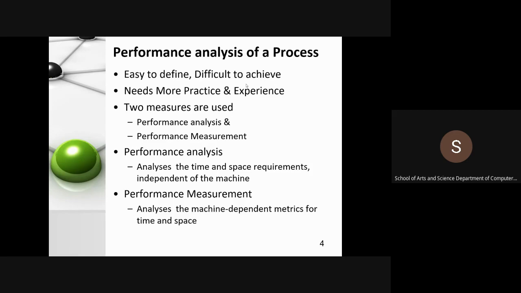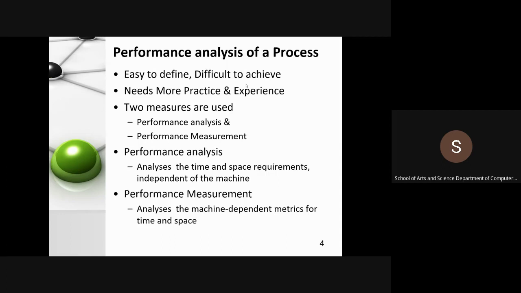So there is a framework. In order to do performance analysis over a process with practical difficulties, there are measures that are used. Mostly within the field of data structures and programming, 2 measures are used for doing performance analysis in a practical manner.